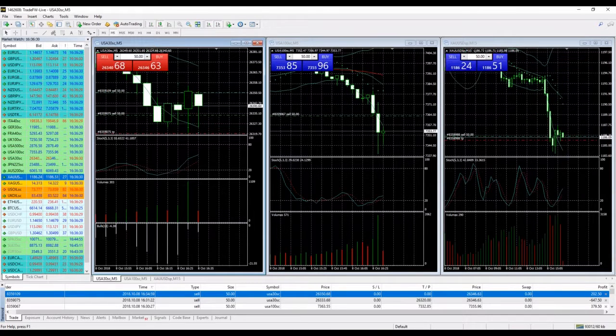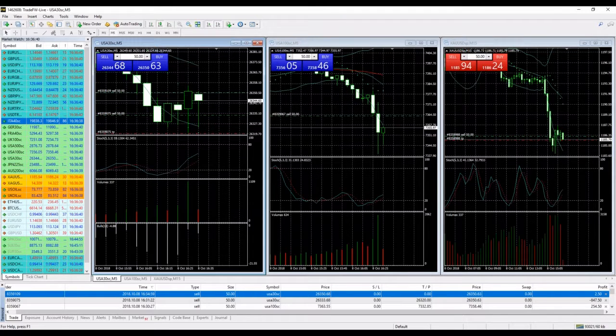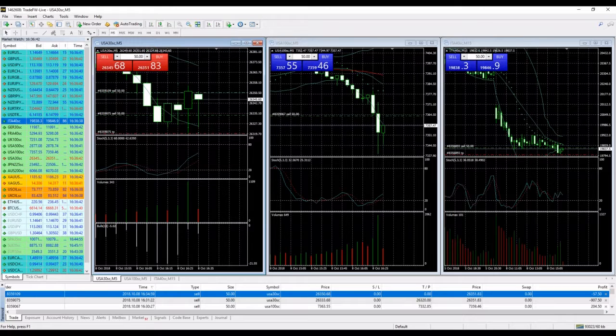So on gold, we are making $600. On Italy 40, we are not profiting yet. So guys, it's enough with this game. Once I get enough profit, I will close my positions on USA 30 and on USA 100.